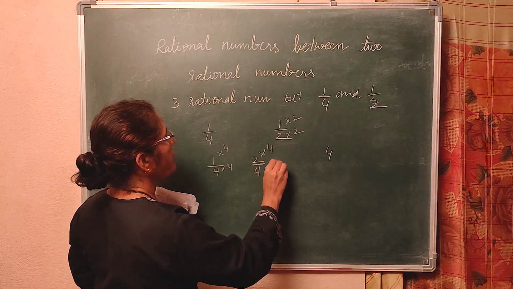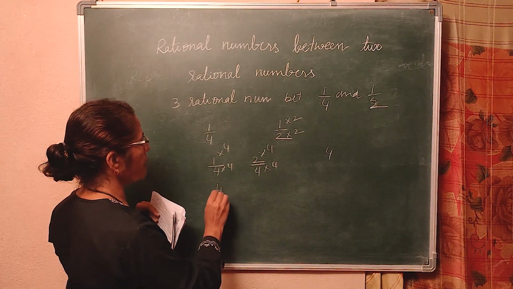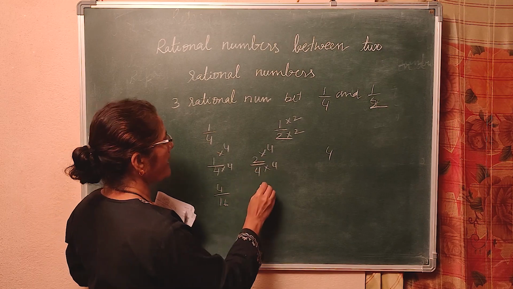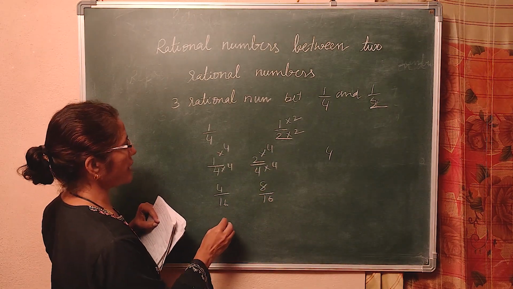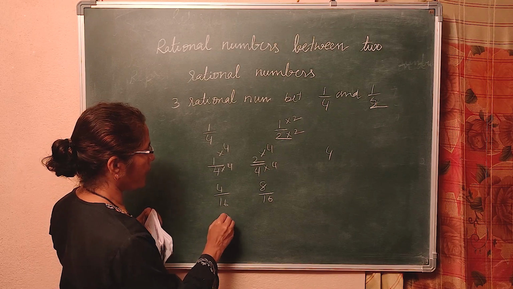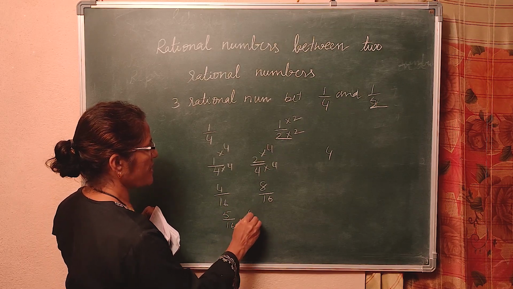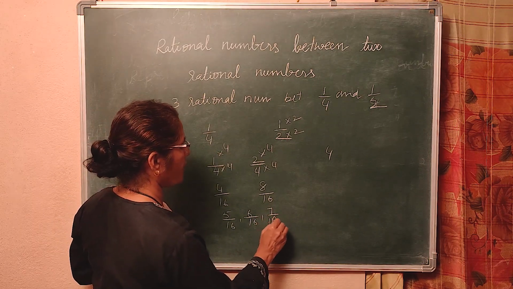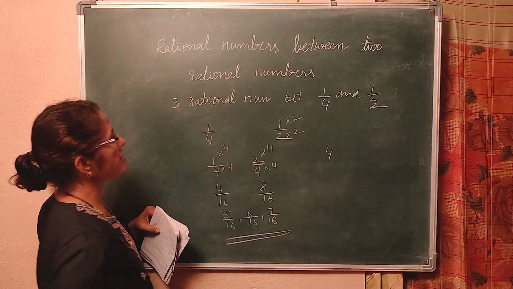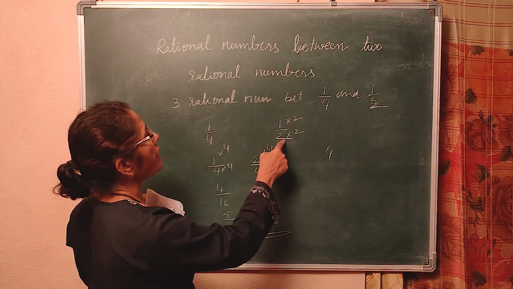So what do you get? You get 4 by 16 and 8 by 16. So what are the three rational numbers? 5 by 16, 6 by 16, 7 by 16. Enough. They asked for three.